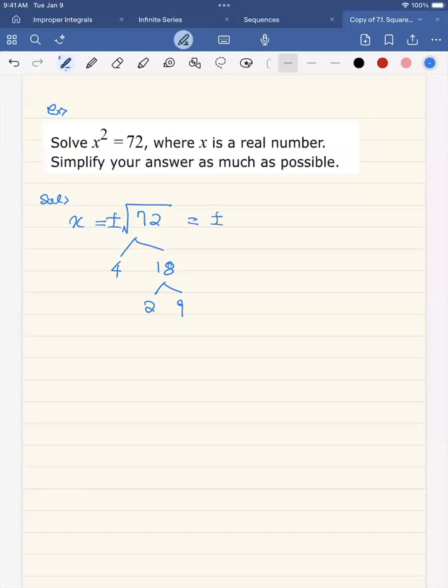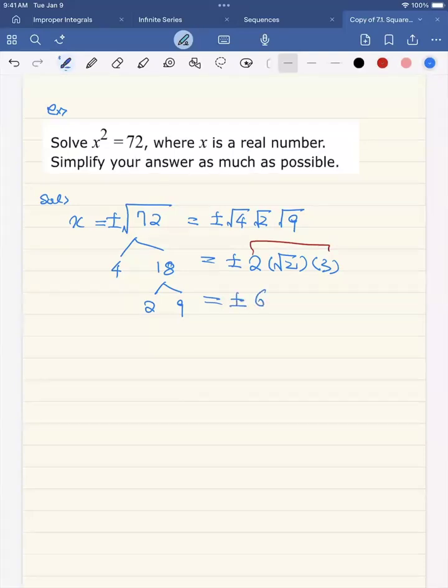So that is plus or minus square root of 4 times square root of 2 times square root of 9. That is plus minus 2 times square root of 2 times 3. So this 2 times 3 will make 6. So plus minus 6 square root of 2. Therefore, the final answer x is 6 square root of 2 and minus 6 square root of 2.